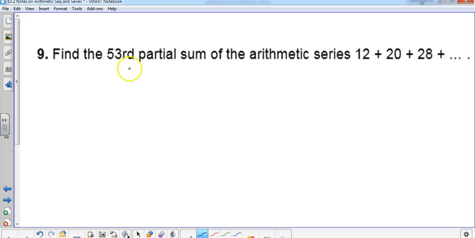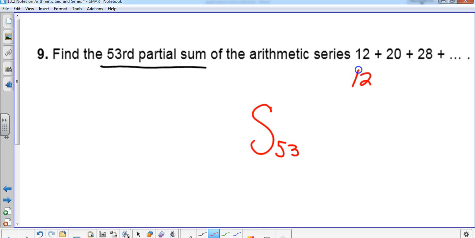What about this one? 53rd partial sum. Anybody get 428 for that term?